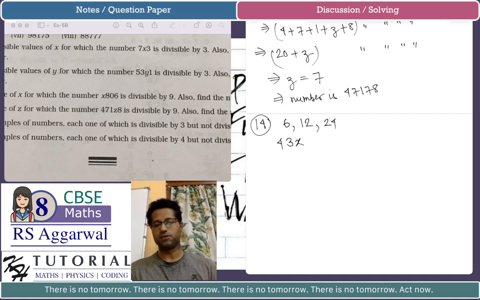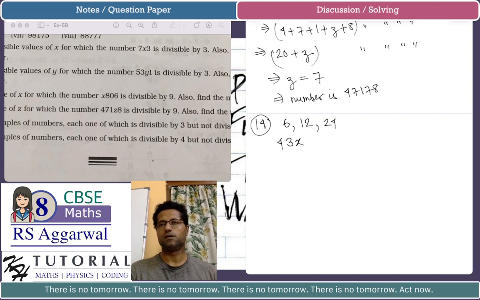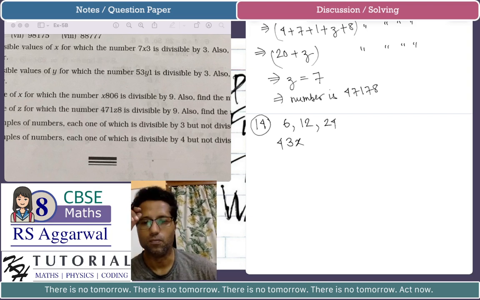Now 4 plus 3 is 7. If x is 2, then 7 plus 2 is 9, which is divisible by 9, so we cannot take x as 2.